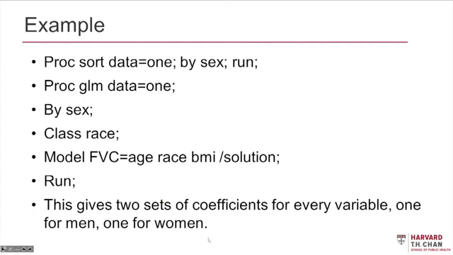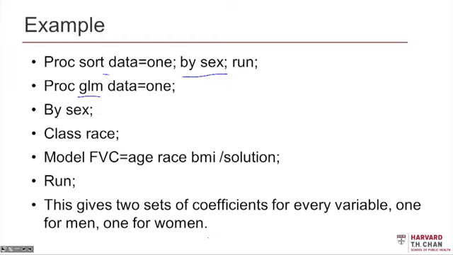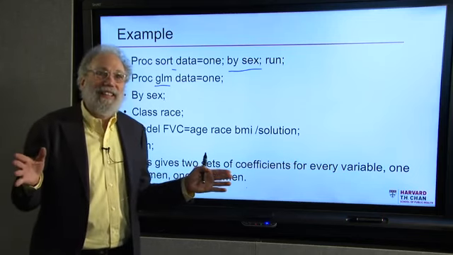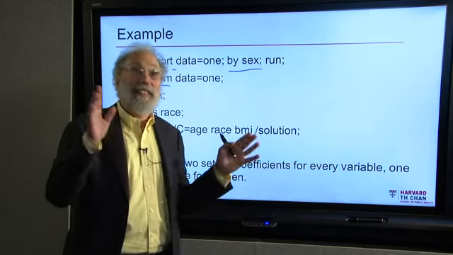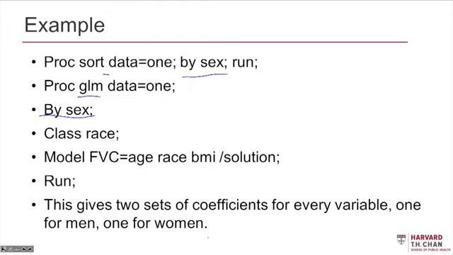So here's how you do that. Let's say I want to look at effect modification by sex. So I sort the data by sex in SAS, and then I run one of the Avogadro's number of regression procedures in SAS called GLM, which is designed to confuse you into thinking that it's a generalized linear model, which it isn't, and I run it by sex, so it's going to fit 2 regression models. And then I look at age and race and body mass index as predictors of lung function in your data, say.